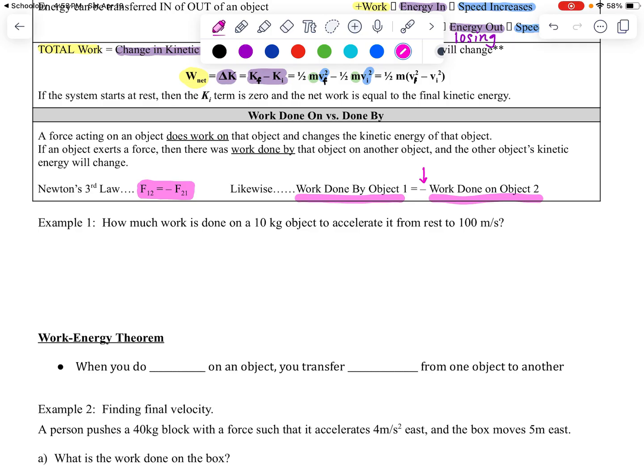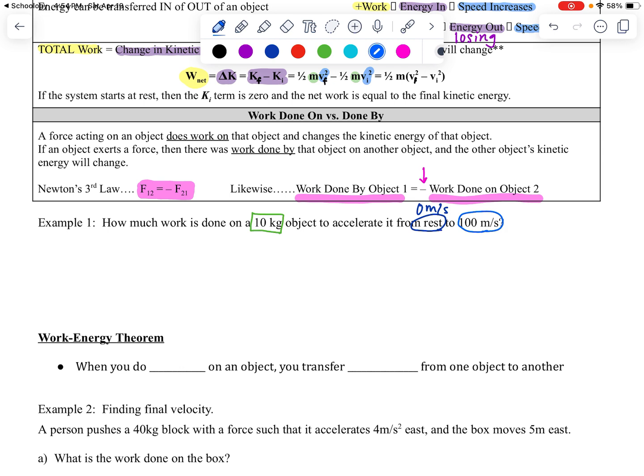So example 1, how much work is done on a 10 kilogram object to accelerate it from rest to 100 meters per second? Well, we know that we have this mass of 10 kilograms. We also know we have two different velocities, from rest, which is 0 meters per second, to 100 meters per second.